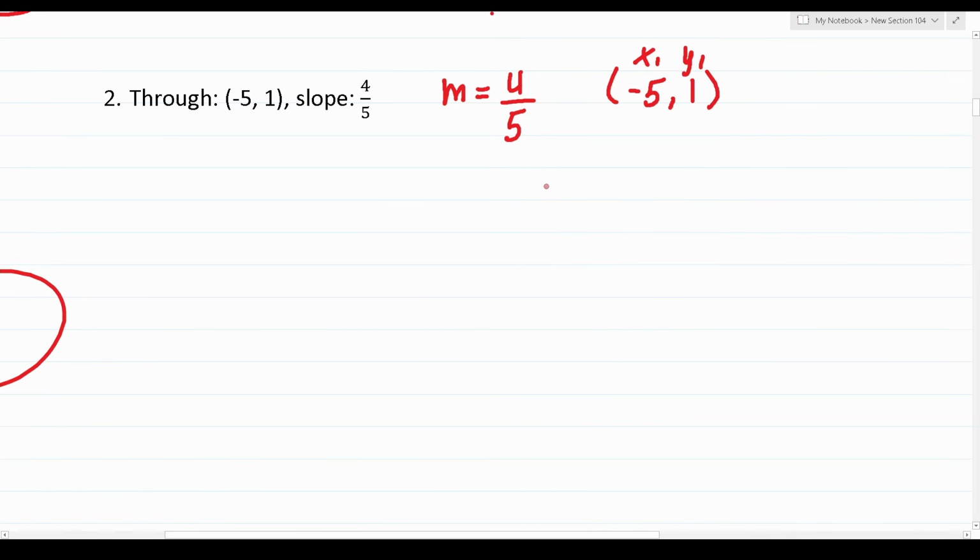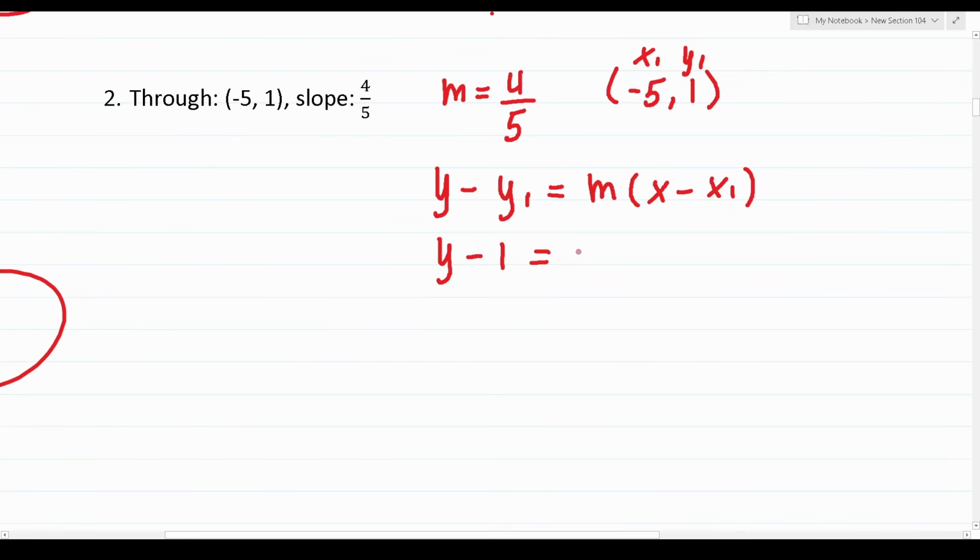Now that we have both those things, we can skip a few steps ahead and plug these values into the point slope equation, which again is y minus y1 equals m times x minus x1. This becomes y minus, what is y1? It's right there, it's 1, so y minus 1.